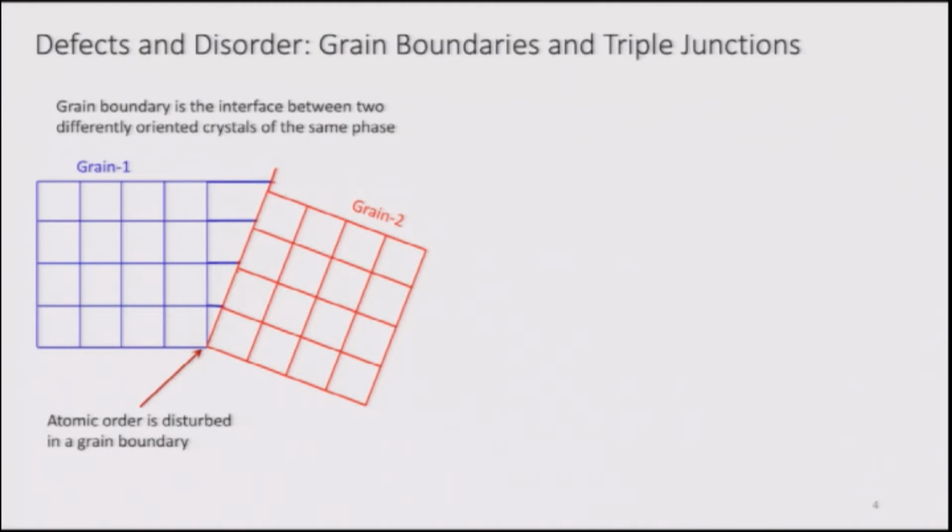Because of this the activation energy for diffusion along the grain boundary is very low, and hence the diffusion is faster along the grain boundary.